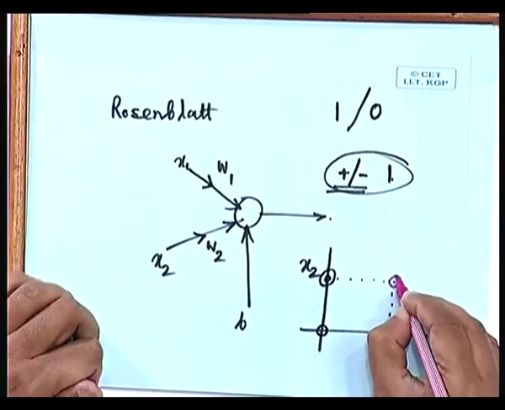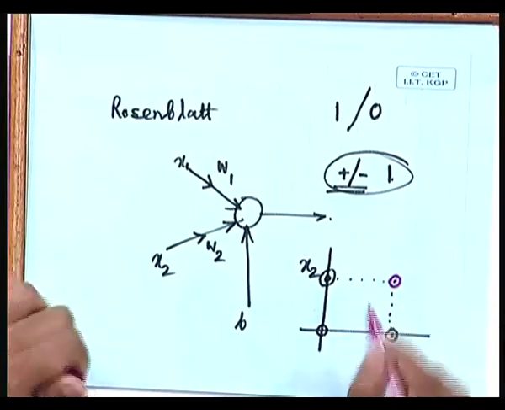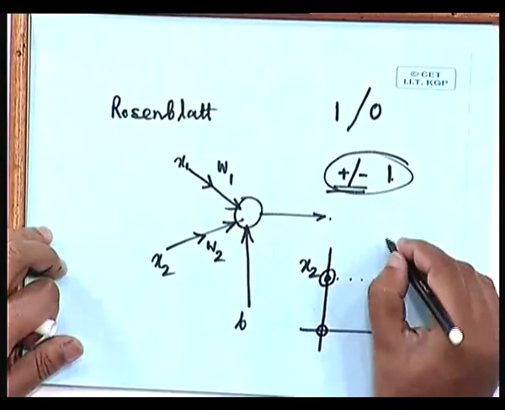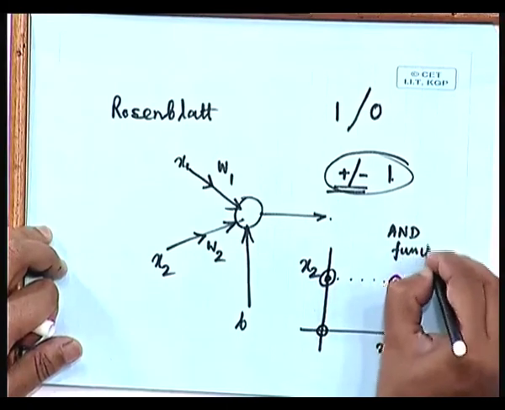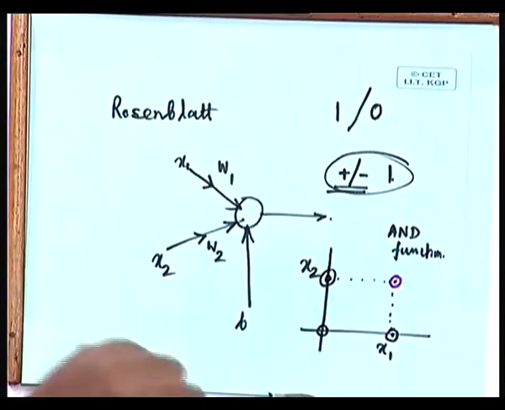So, this is a different class. So, that is why I indicated by a different color. This is the simplest, the AND function that we can consider.